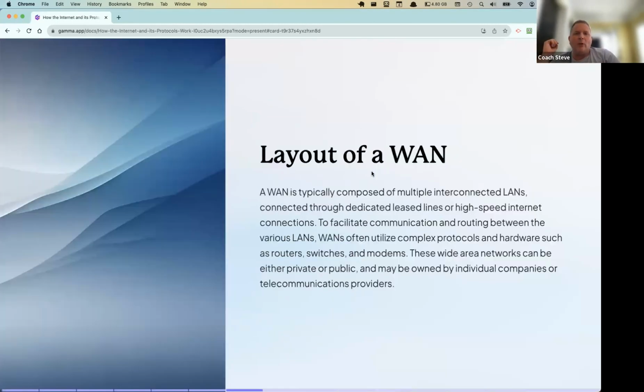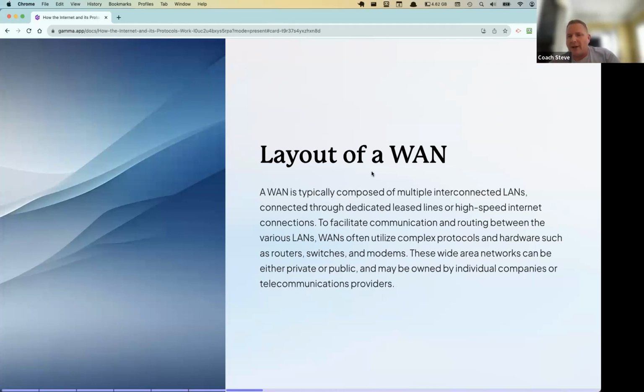Next up, we have a wide area network. You can think about this as taking several local area networks and making them communicate with each other through more sophisticated technologies, more devices, more sophisticated servers and routers.